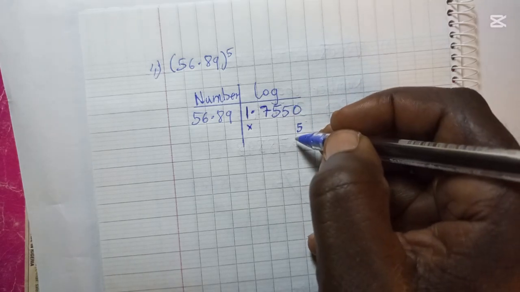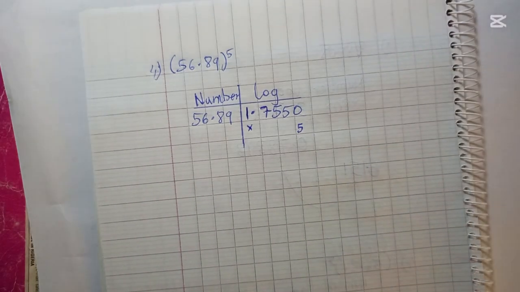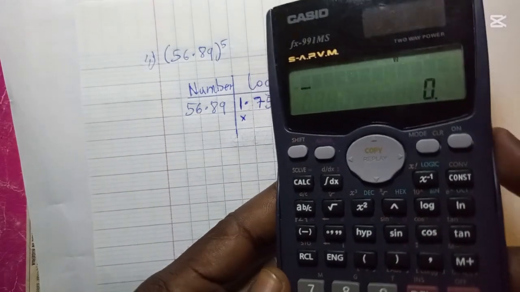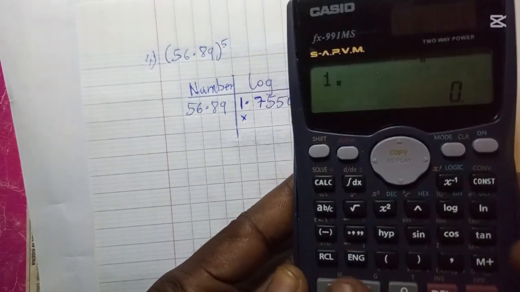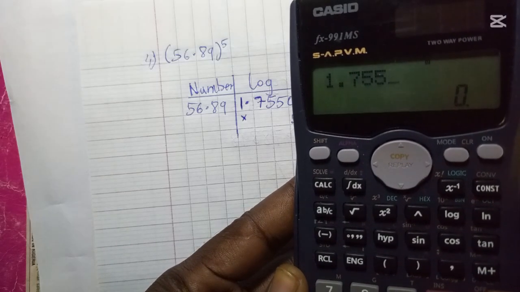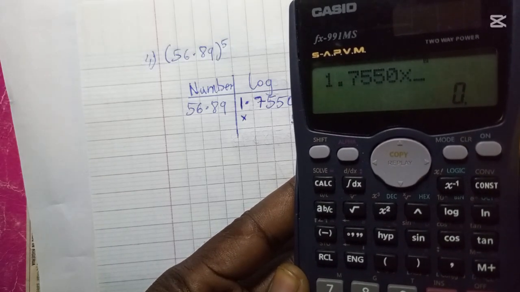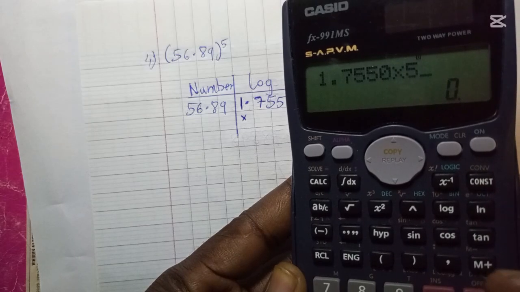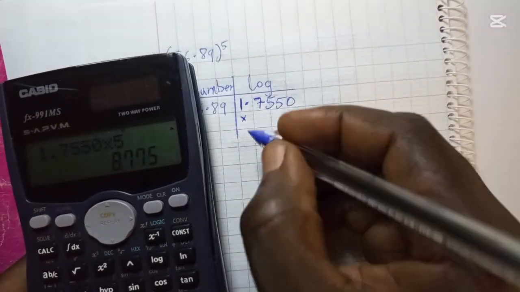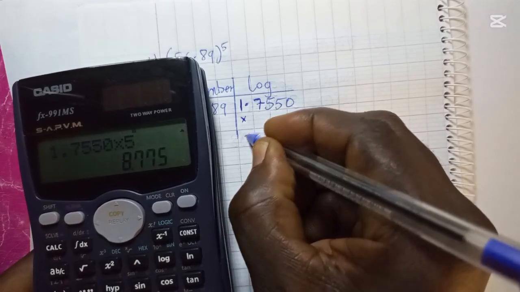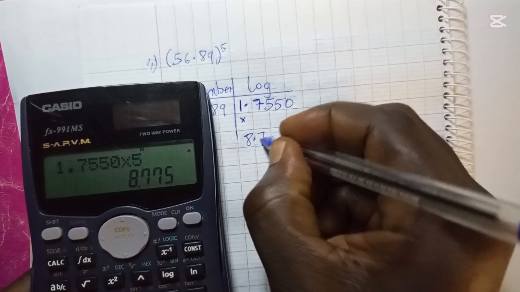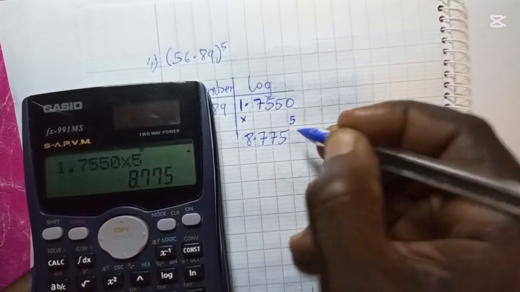So this value times 5, using your calculator, 1.7550 times 5 will give us 8.775.